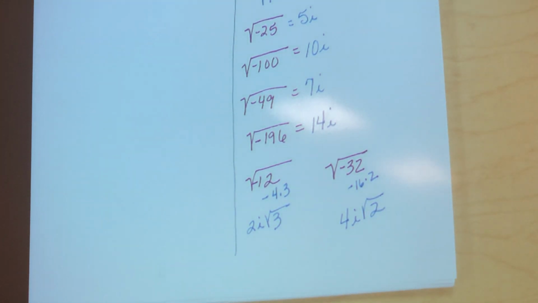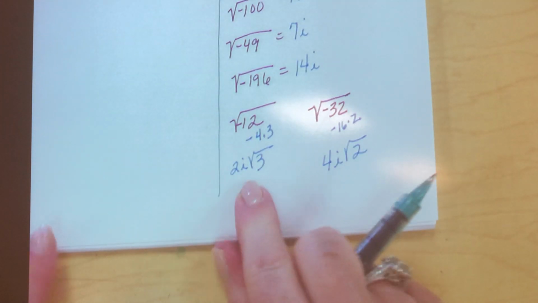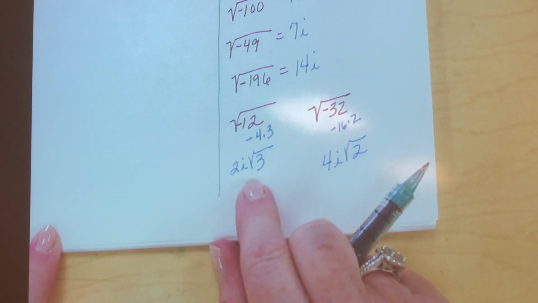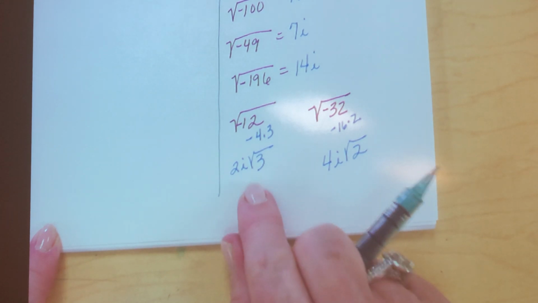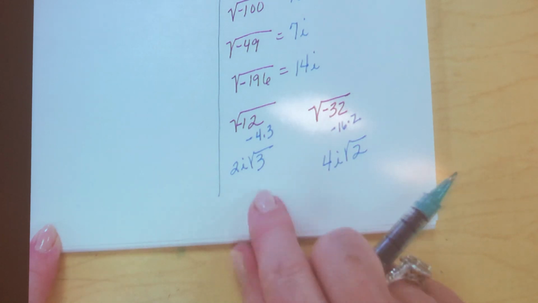Okay? Now, there's one little thing that I need to warn you about. In the back of the book, this is not the way they're going to write the answer. In the back of the book, or on a standardized test, they're going to put it in what's called proper form. We're going to talk about that in just a second.